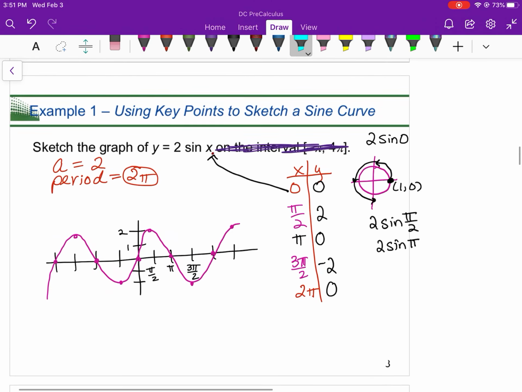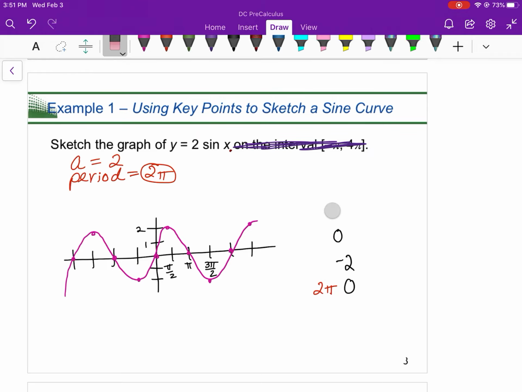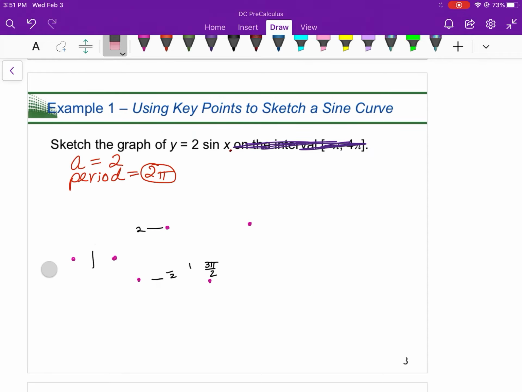So we went ahead and graphed this one here. And we did this one today in class. What I had your classmates do, and I'll start you from the beginning here, the first thing we did was we actually analyzed the function. So we said the amplitude was 2 and the period was 2 pi.